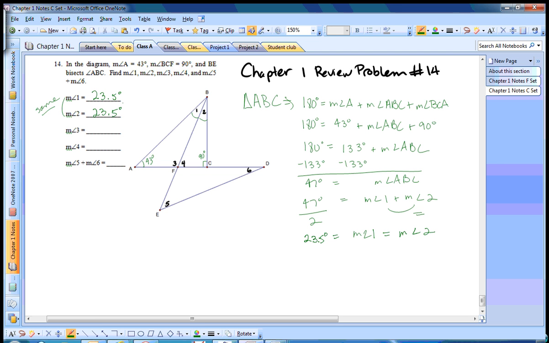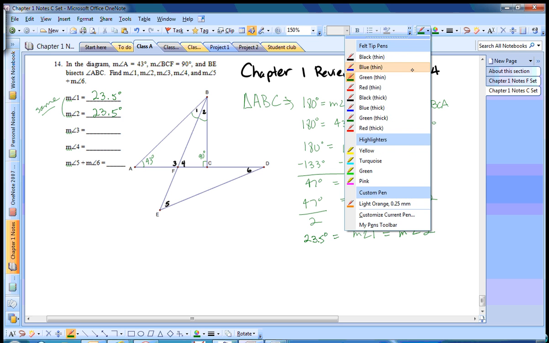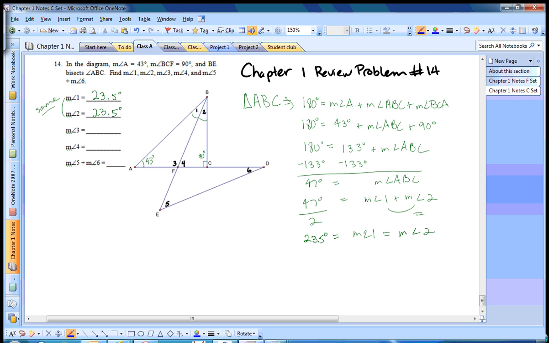Okay. The next thing that they're asking for is angle 3. So I'm going to change color so you can follow along here. Maybe we'll use blue. Now let's see if I can figure out the measure of angle 3. Well, it seems that this was 43. We've now decided that this is 23.5.